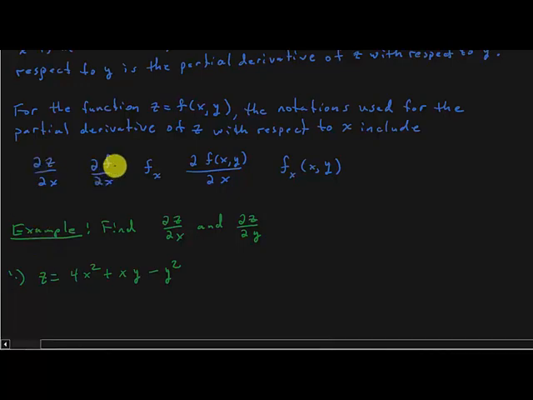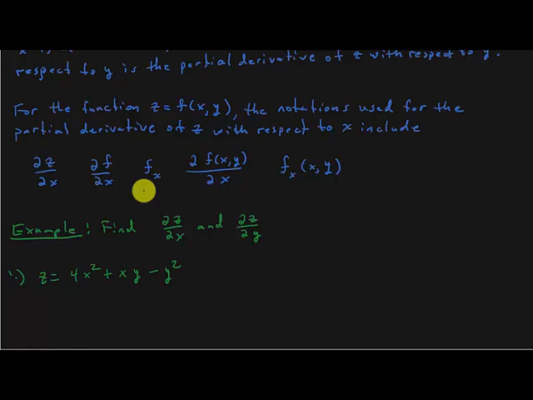And then we've got the partial of f with respect to x, and then this right here also means the partial of f with respect to x, and then the partial of f of x, y with respect to x, and then the partial of f with respect to x, these little subscripts. If that was a y, then it would be the partial with respect to y. All right, and we'll get into second partial derivatives also in the video. We'll do that at the end.